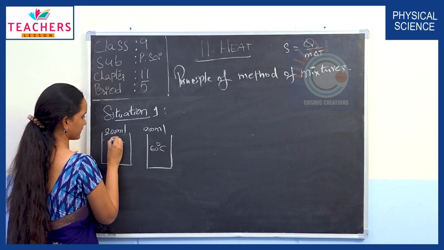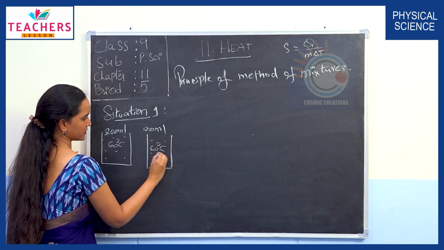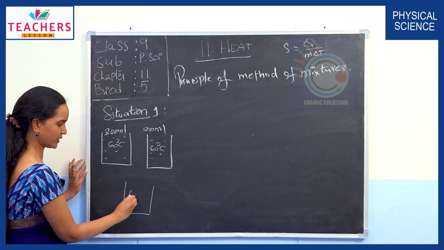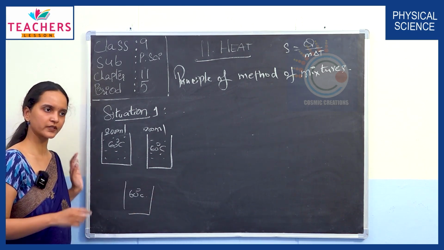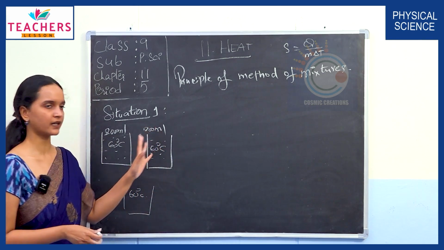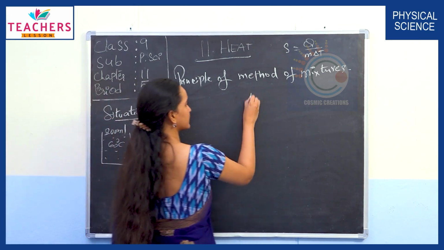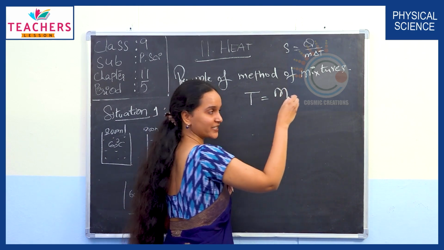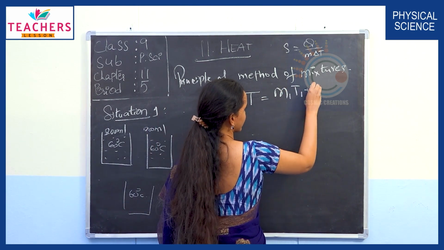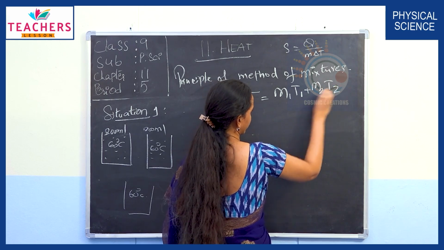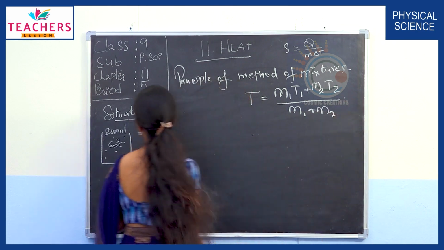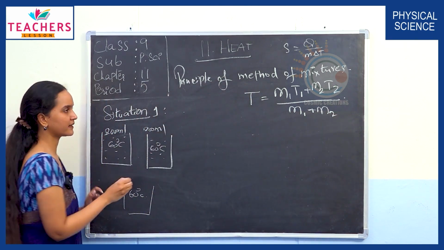By logic, we know that when we mix these two, the resultant will also be 60 degrees Celsius. But let's apply our formula. What is the formula? T equals M1 T1 plus M2 T2 divided by M1 plus M2.